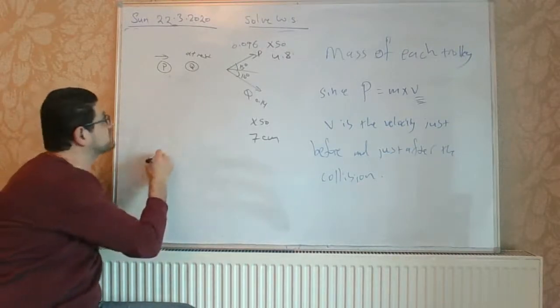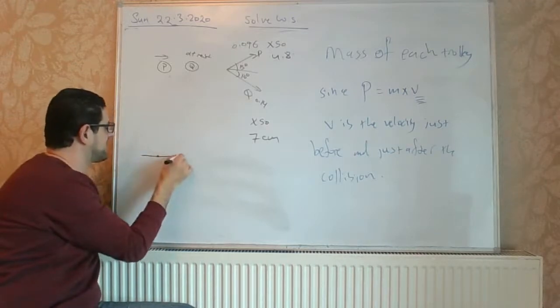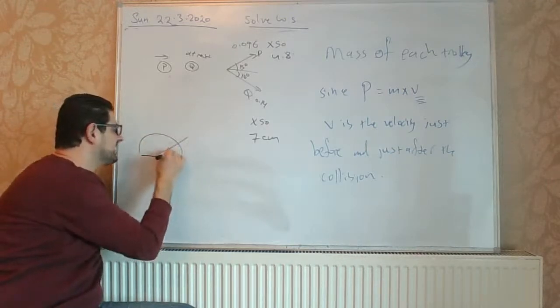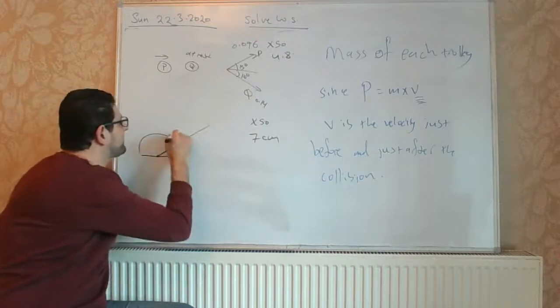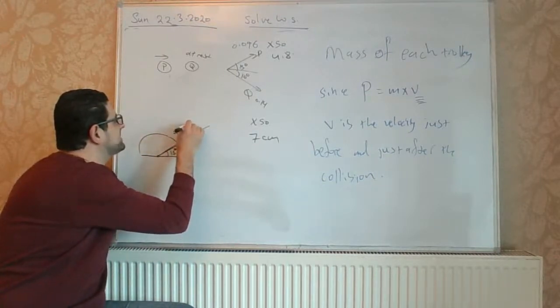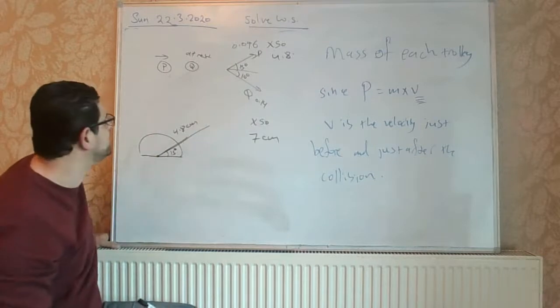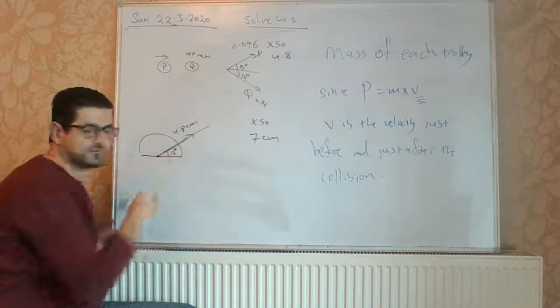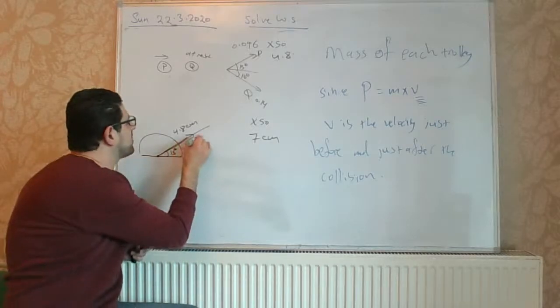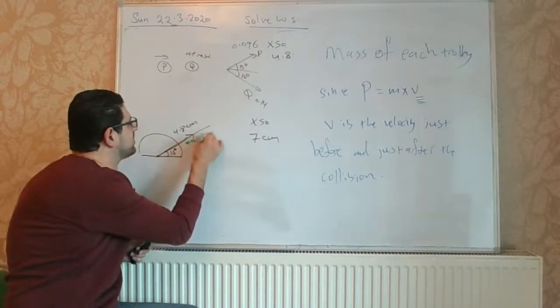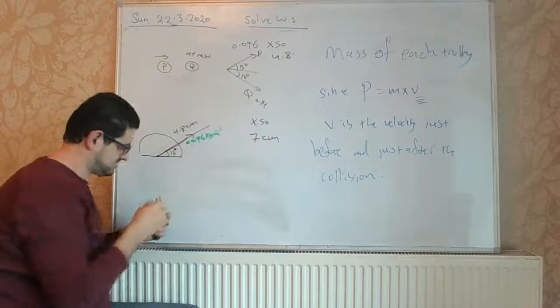I draw the first one at 15 degrees using the protractor. This is 15 degrees. I draw 4.8 centimeters. I don't call it 4.8 centimeters, I give it a name: 0.096 kilogram meters per second.